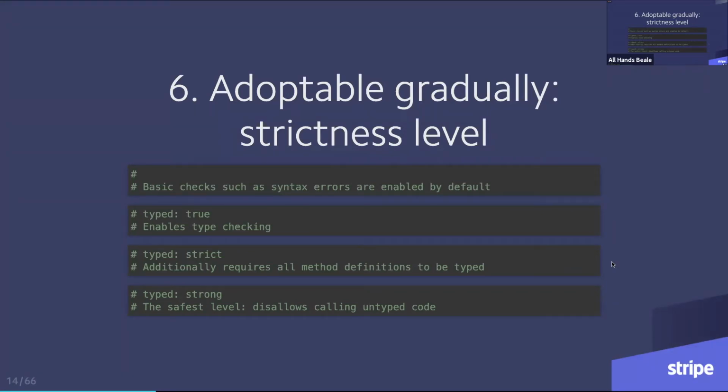In type strong, you're not allowed to create values of untyped type, which means everything that you do with your value has been checked. We'll check that you're correctly passing it to functions that accept it. We'll check that you're calling functions that we believe exist. This effectively brings you to the level of strictness that static typing has in languages like Java. And you can decide that per file, I want to be strong, or another file, I'm going to be true, or even not write an annotation at all.